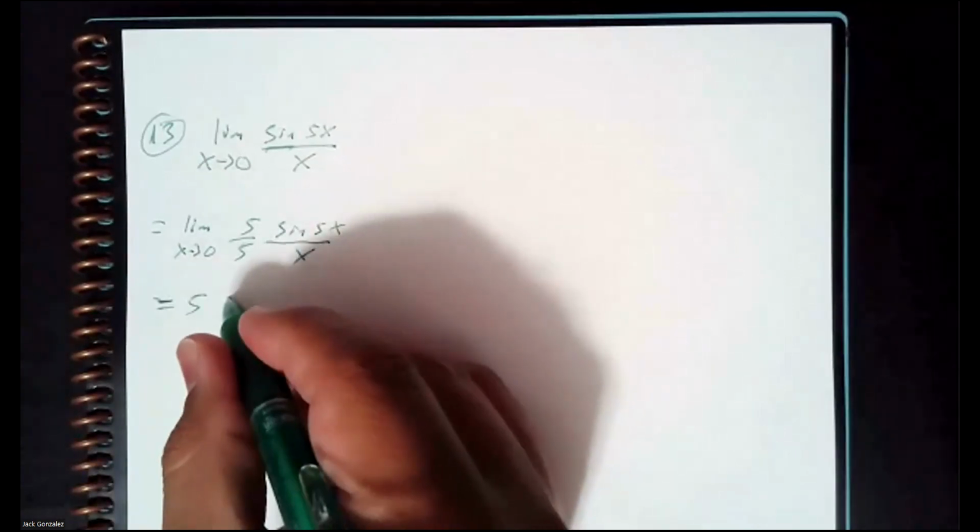So we need a 5 down here. Multiply by 5, right? You can pull this 5 out. Don't have to deal with it. Pull it out here.